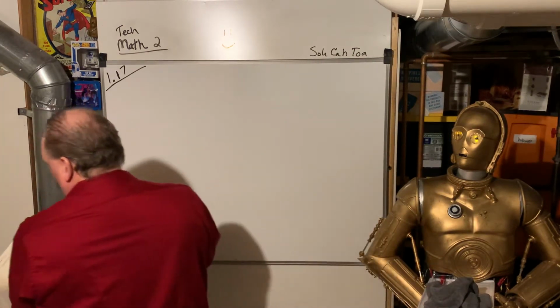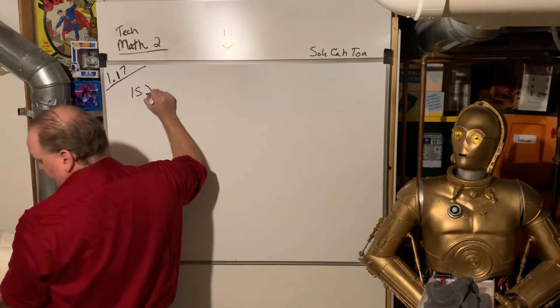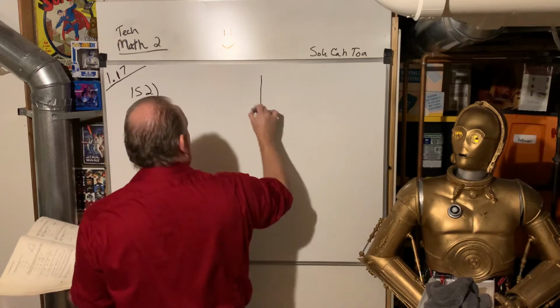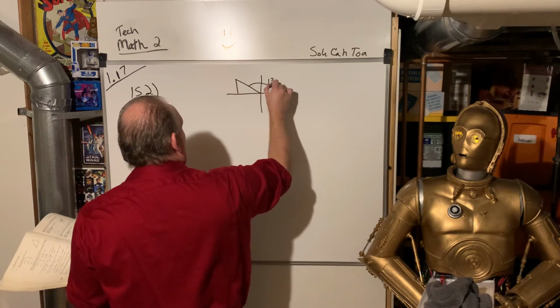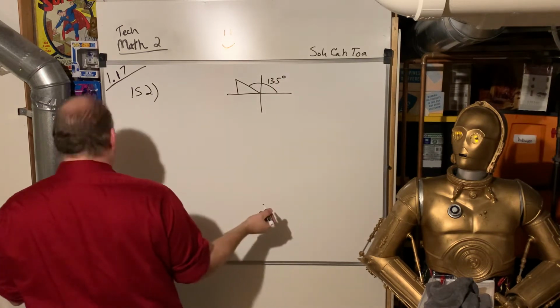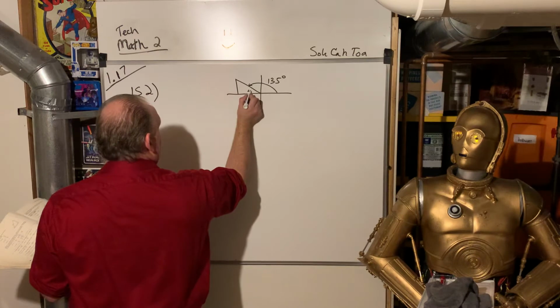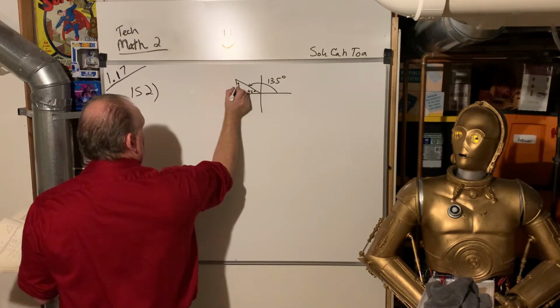Look at 152. We've got 135 degrees. If that is 135 degrees from there to there, then we know this is a 45-degree angle. If that's 45, that's 90, this is 45.